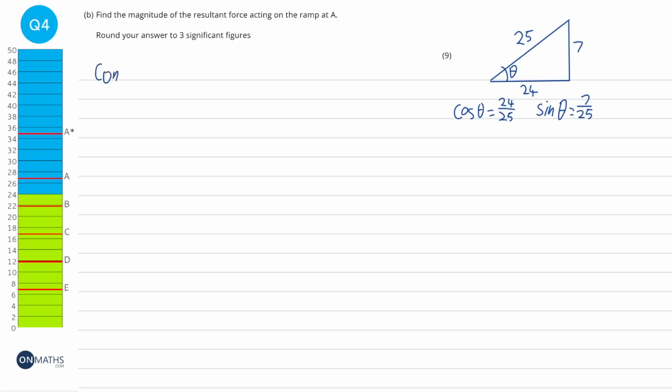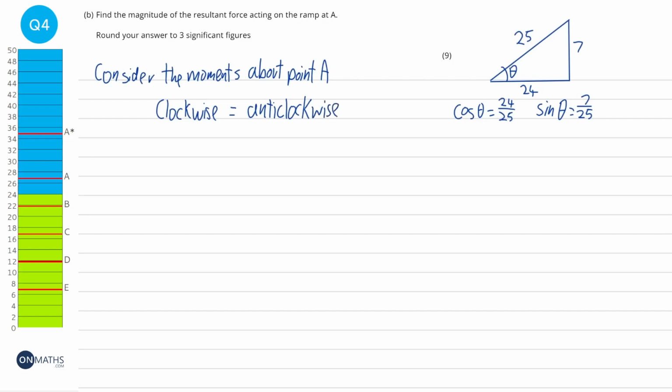So we're just going to consider moments about point A, and we know that we're going to have clockwise equal to all of the anti-clockwise. We can get our lines in. So we've said that the anti-clockwise is the easier one.